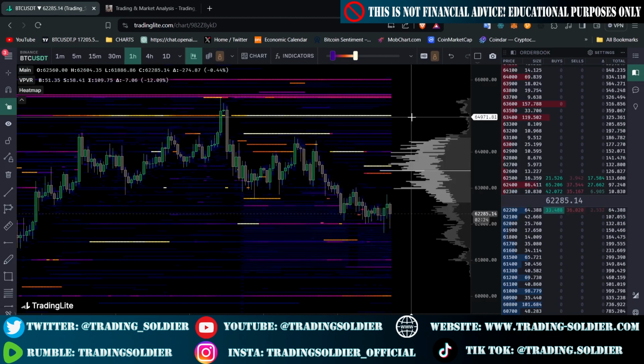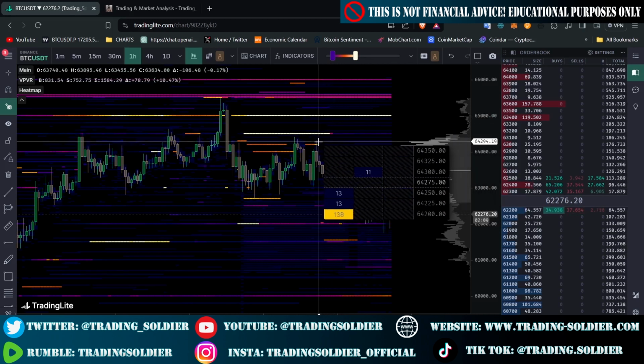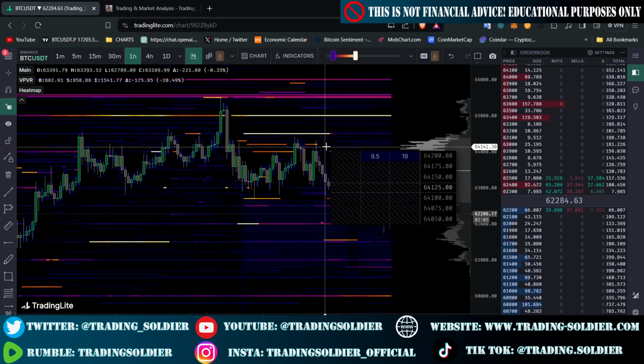So that's why I don't consider that heatmaps are so useful, because spoofing is a very common practice in crypto. In every exchange, a lot of people are doing this, whales or maybe a group of traders, to try to fool you, they put limit orders.